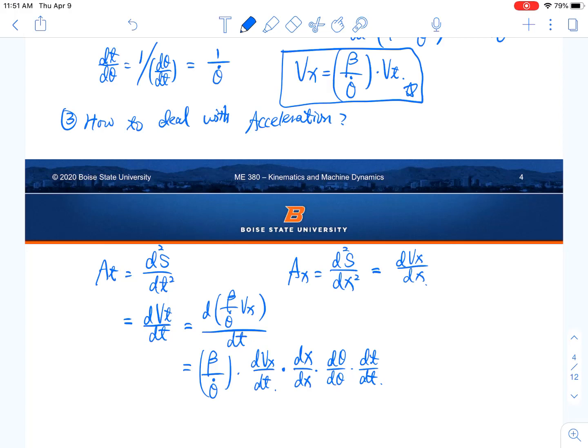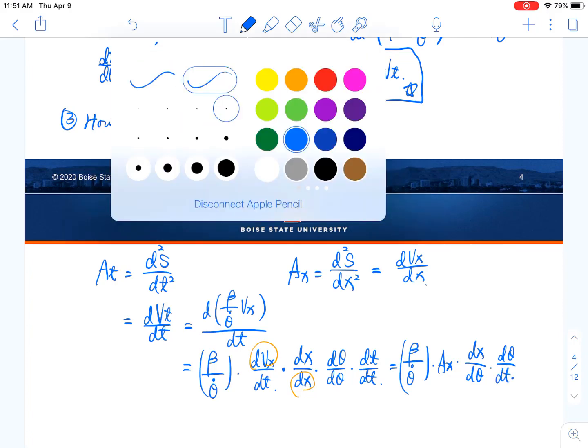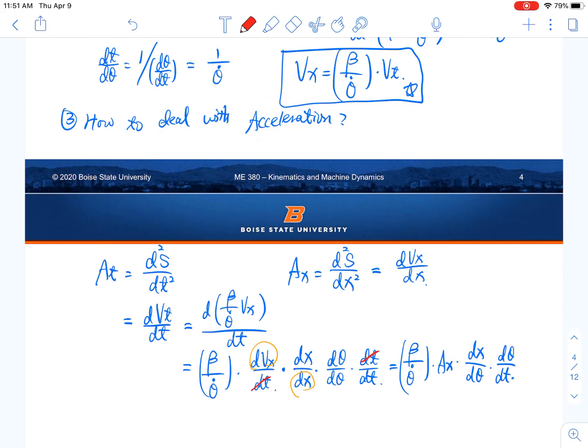So we can find out your dvx/dx. That's something we want. So it's going to have beta over theta dot times your ax times your dx d theta times d theta dt. And then remember your dt here is gone.